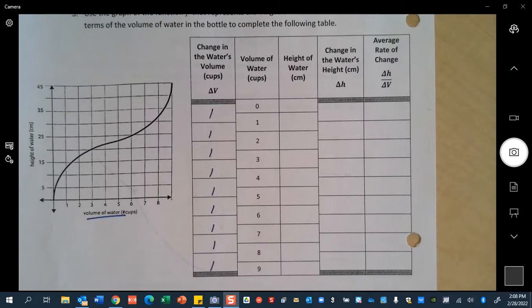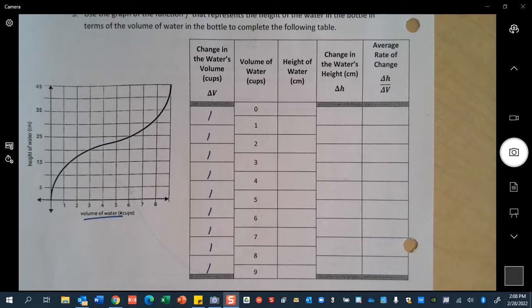So what I want you to do with your partners and group mates is, from the graph, at each volume of water, tell me what the height of the water is. And then I want you to find the change in the height, and then your average rate of change is going to be the ratio between your change in height and your change in your volume.